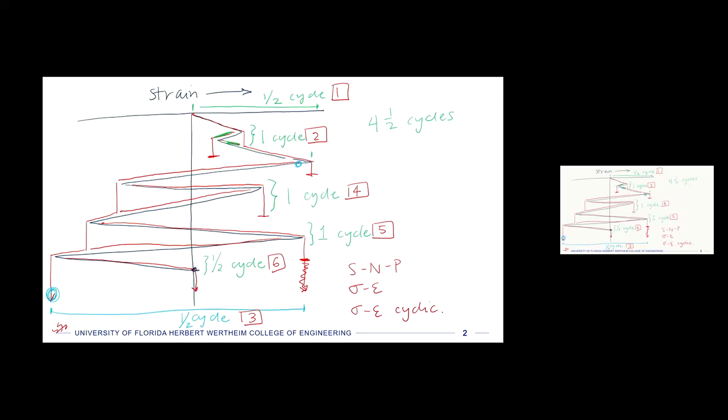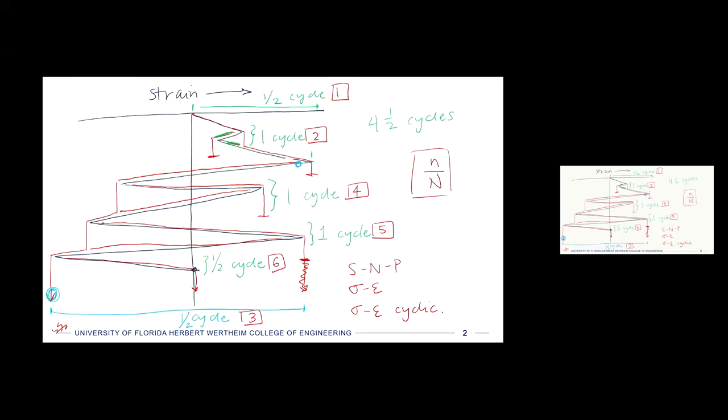Then depending upon the amplitude and the mean stress, or mean strain in this case, you would transform that and find it on your data in order to start doing those damage accumulation terms.